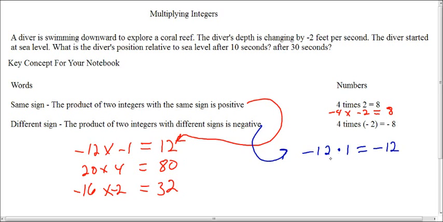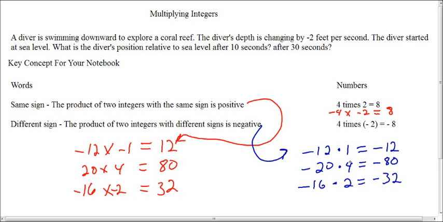It'll always be negative. Or if we take a negative 20 times a positive 4, we will still get 80, but it will be a negative 80. And in the same regard, if we took a negative 16 times a positive 2, we will always get a negative, and of course 16 times 2 is 32.